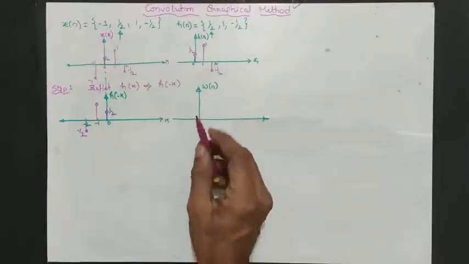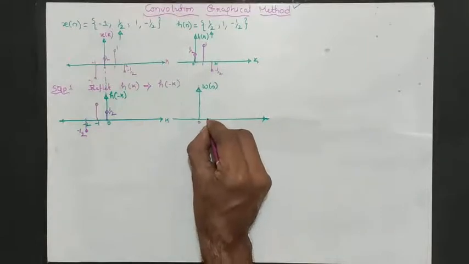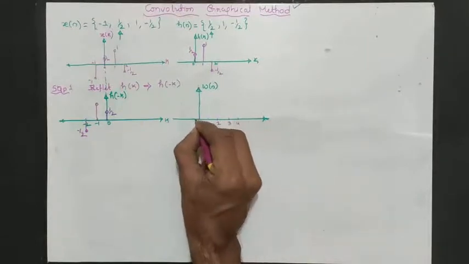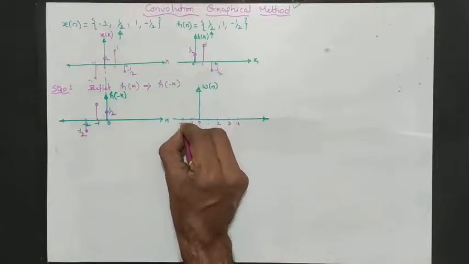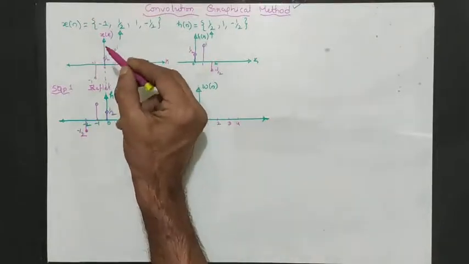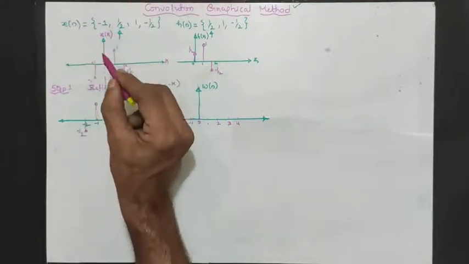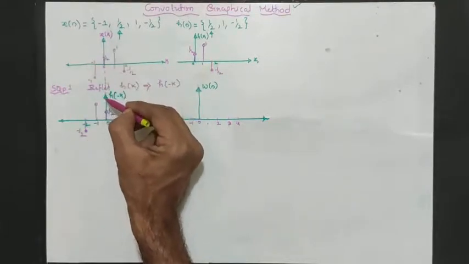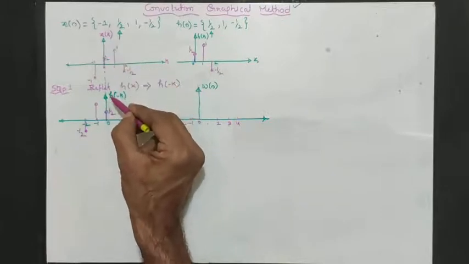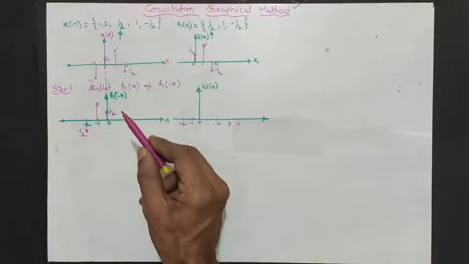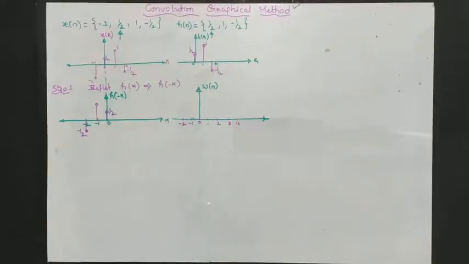First step, reflect this and draw this. Then multiply x of k and h of minus k, and then write Wn.